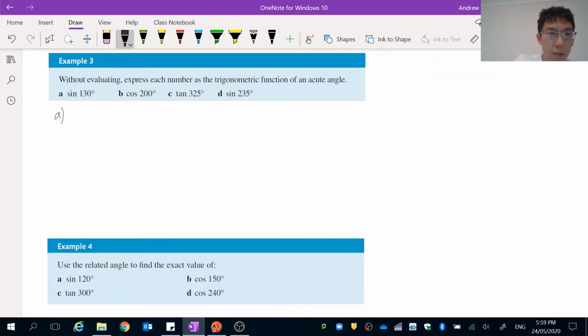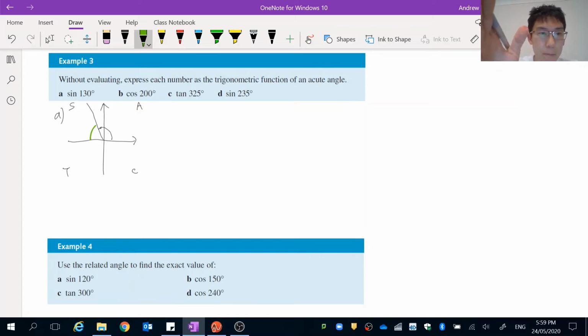So for A, if we have sine 130 degrees, first of all, let's locate 130. Now you can keep putting in your CAST. 130 is 40 degrees into the second quadrant here. Now the related angle, the acute angle that we want, is always the one with the positive x-axis.